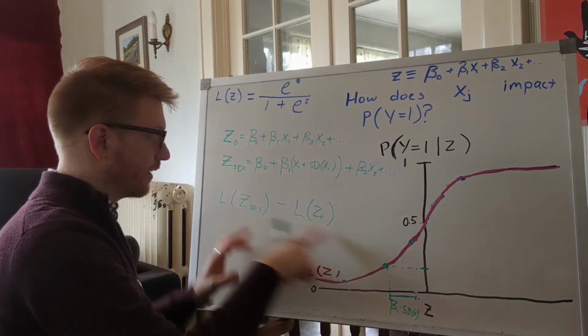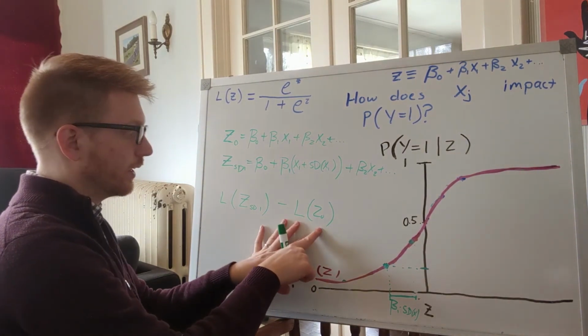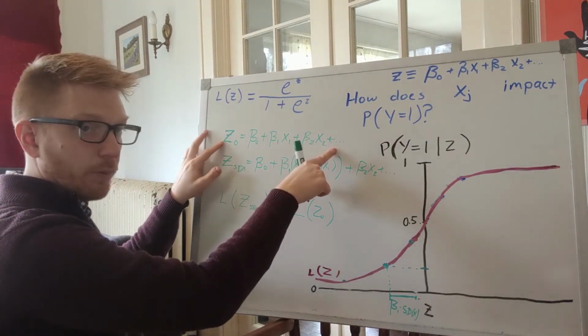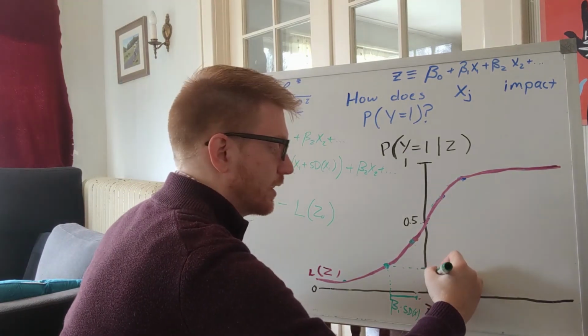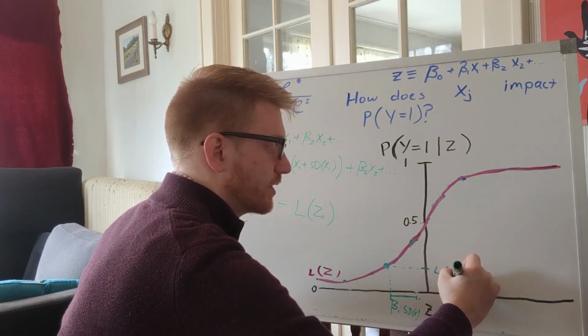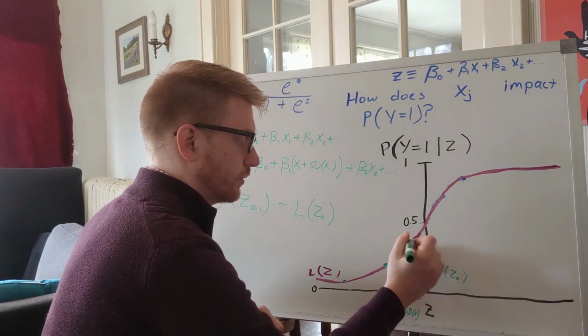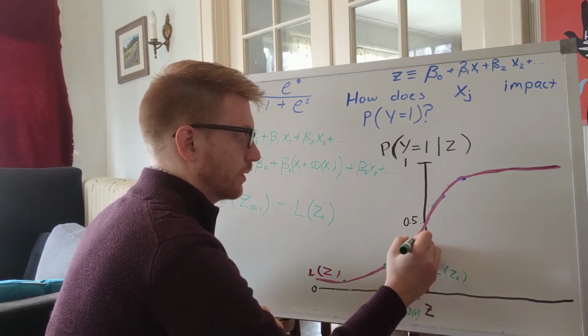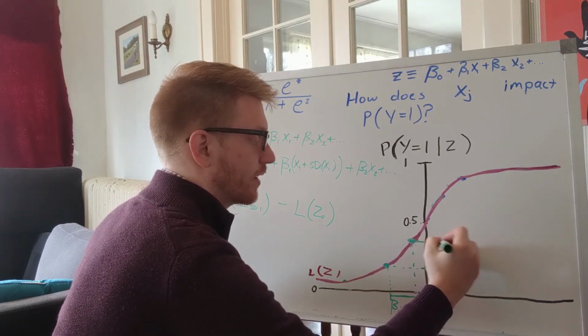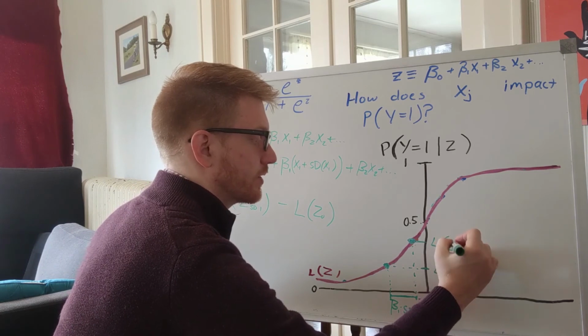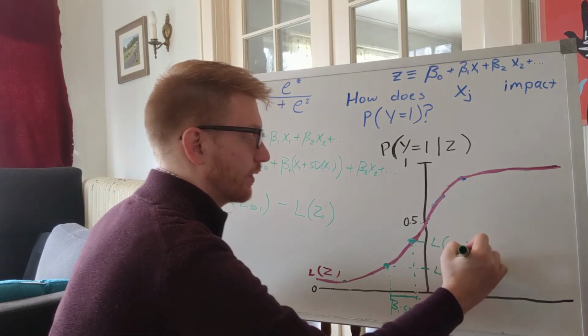So what we have here is our probability with our original values. This is what we're calling L of z0. What we have here is our probability with our standard deviation increased values.